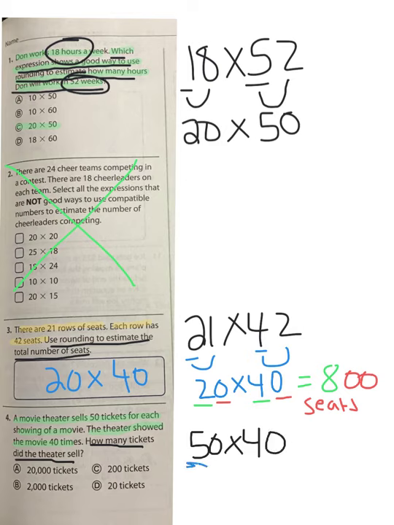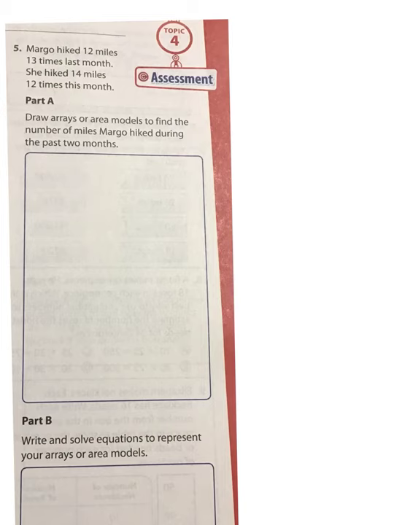So we have 5 times 4, which equals 20. And then there are 2 more zeros, so add those. 50 times 40 is 2,000 tickets. We do not need to add a label to this one because it is a multiple choice problem. And in our answer over here, it already has the label for us.